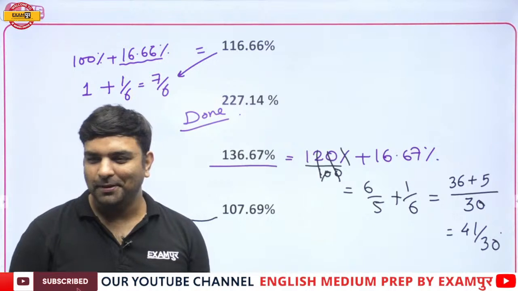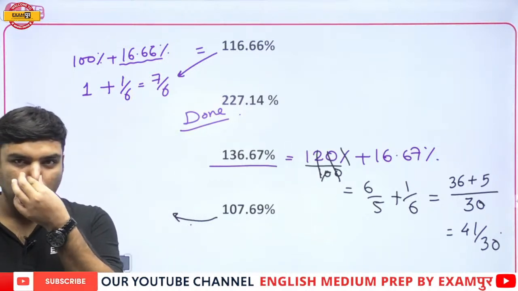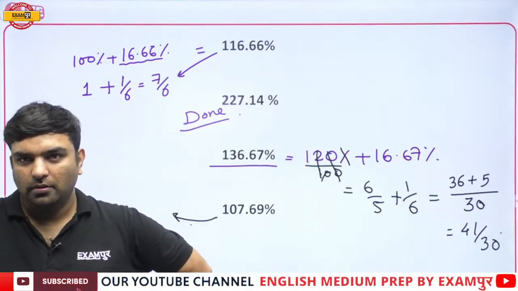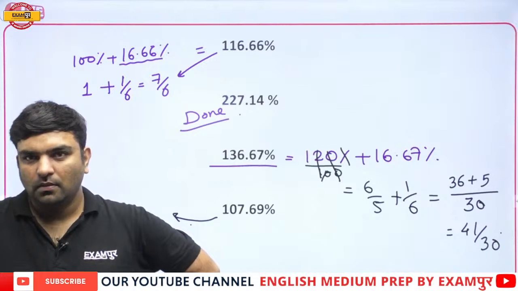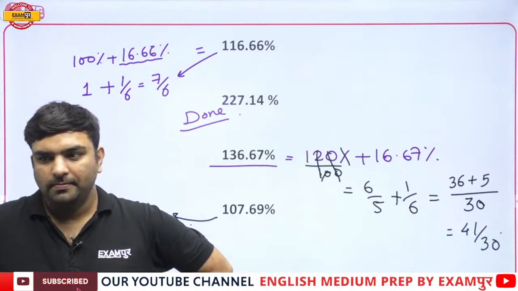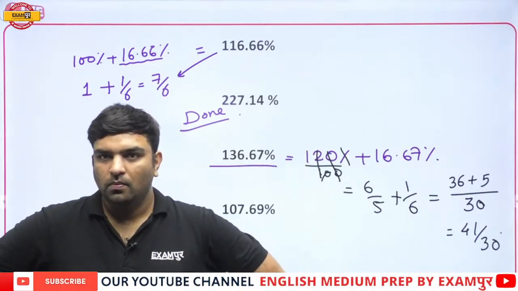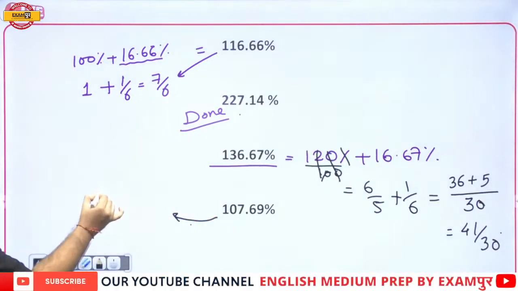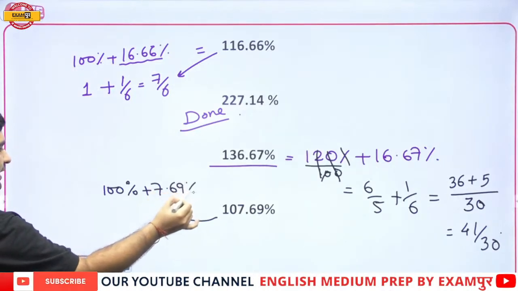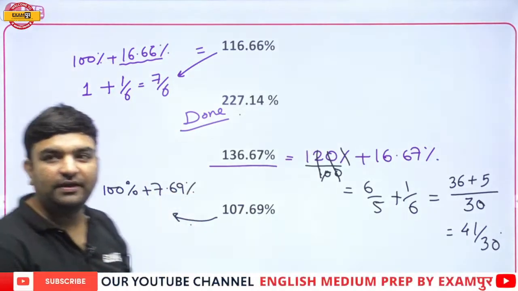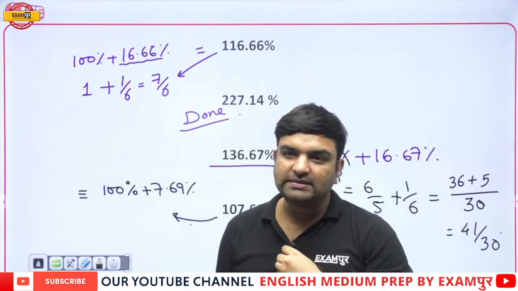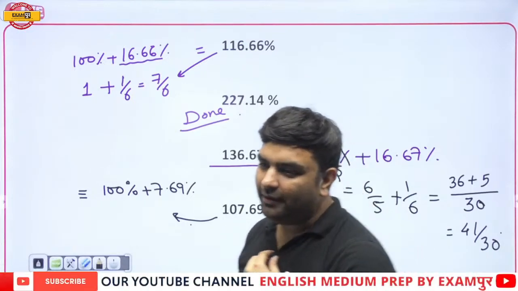Identify this. 7.69 is saying something. Identify me, identify me. 7.69 is crying and saying, identify me, I am here.